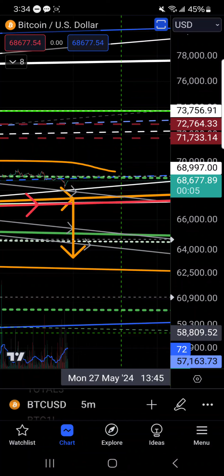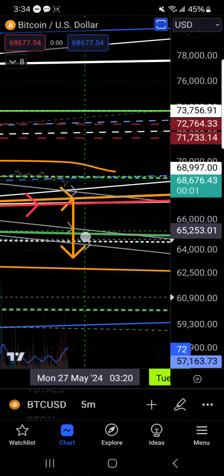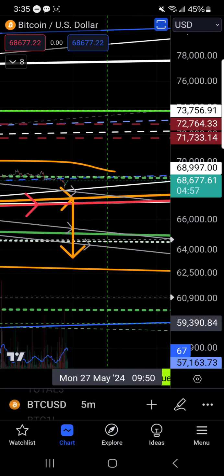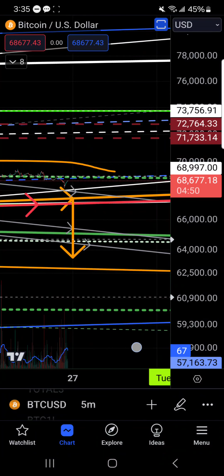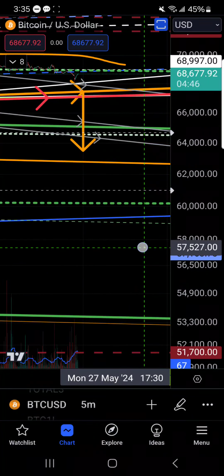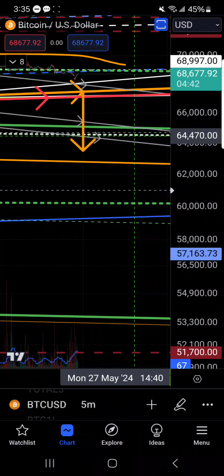Which also, there is potential to come all the way back down to the bottom of the blue channel, and still remain very, very bullish, because that's at about 59,000, and this guy, the 21-week moving average, is at 57,000. So that still is possible.